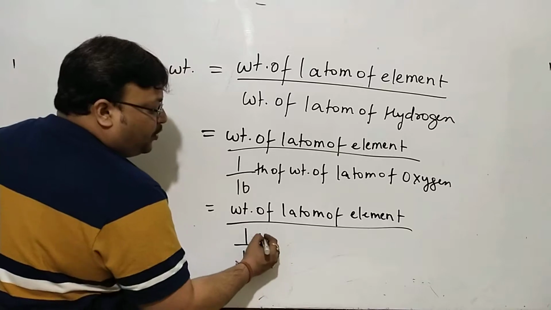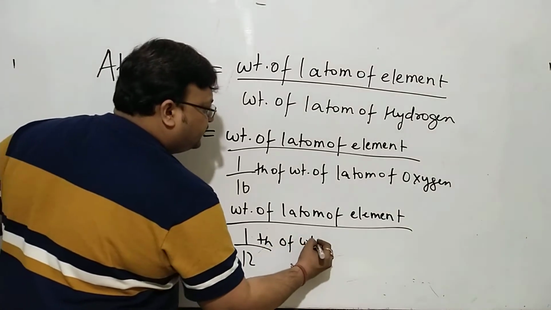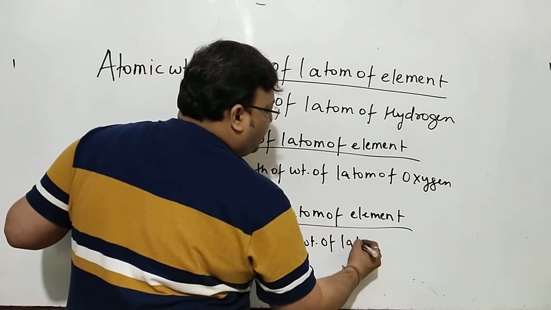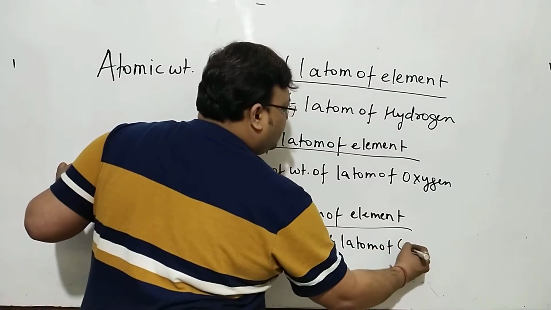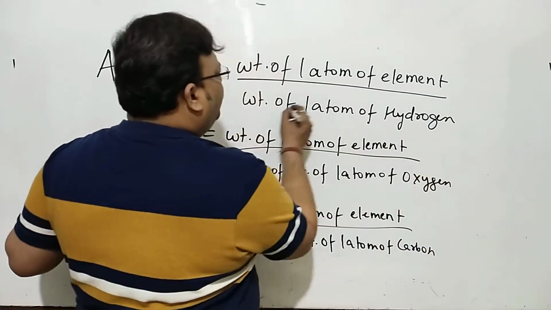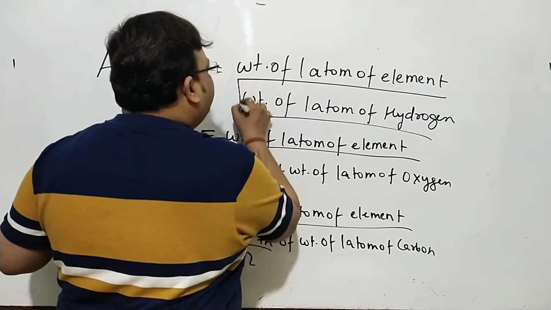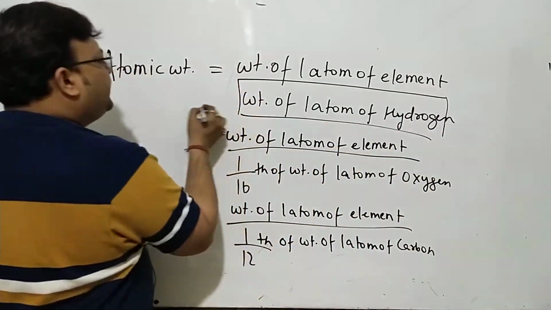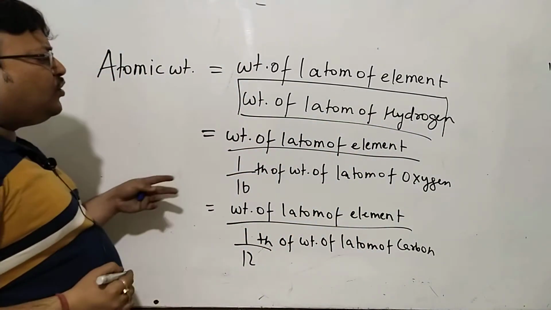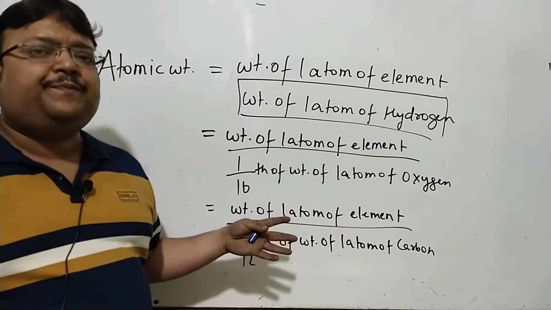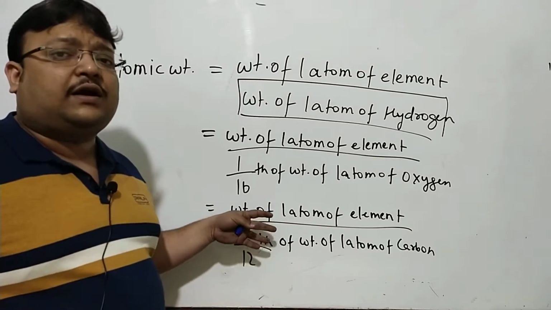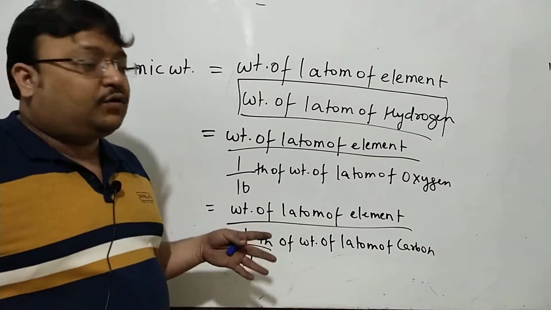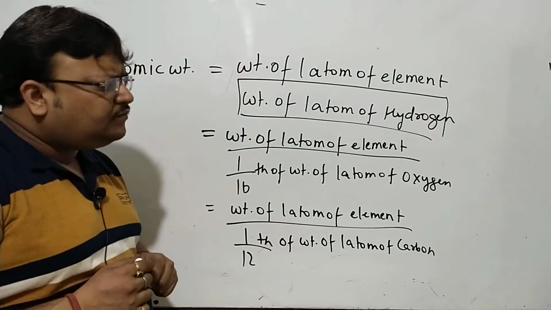So basically, upon 1/12 of the weight of one atom of carbon. Now you began with one atom of hydrogen, and this is the basic benchmark. You call it hydrogen scale, you call it oxygen scale, you call it carbon scale. You're taught that carbon scale is the most relevant one.